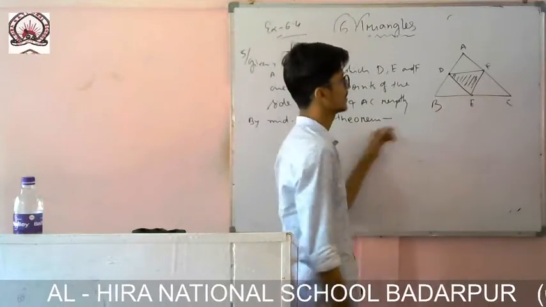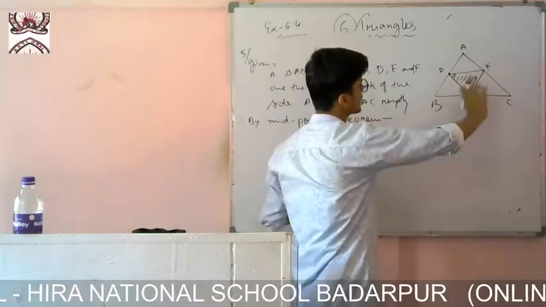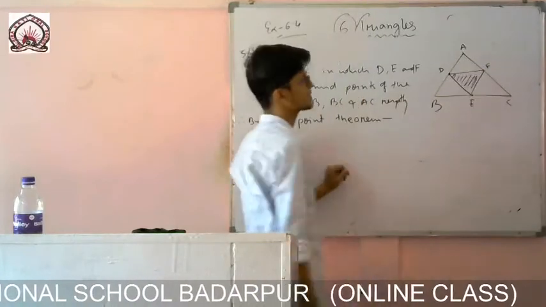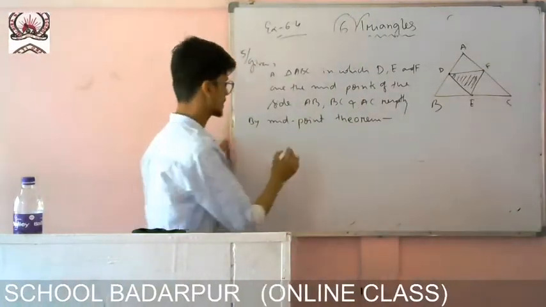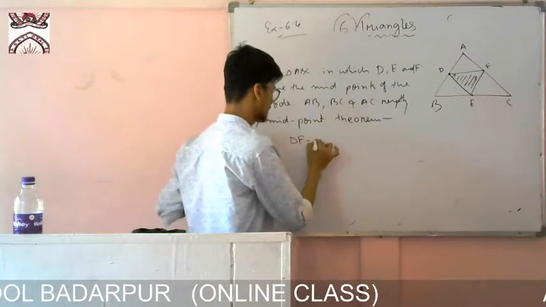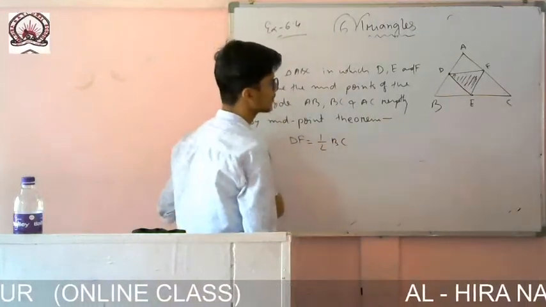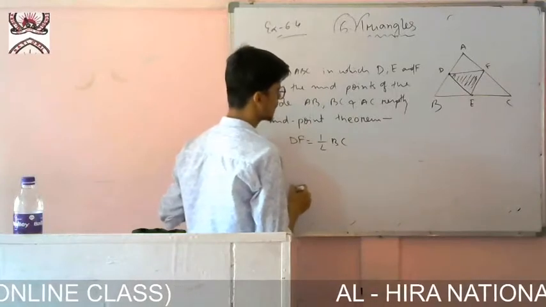Always DF will be half of BC, and this one will be half of that side. It is the theorem. So I can write DF equals half of BC.